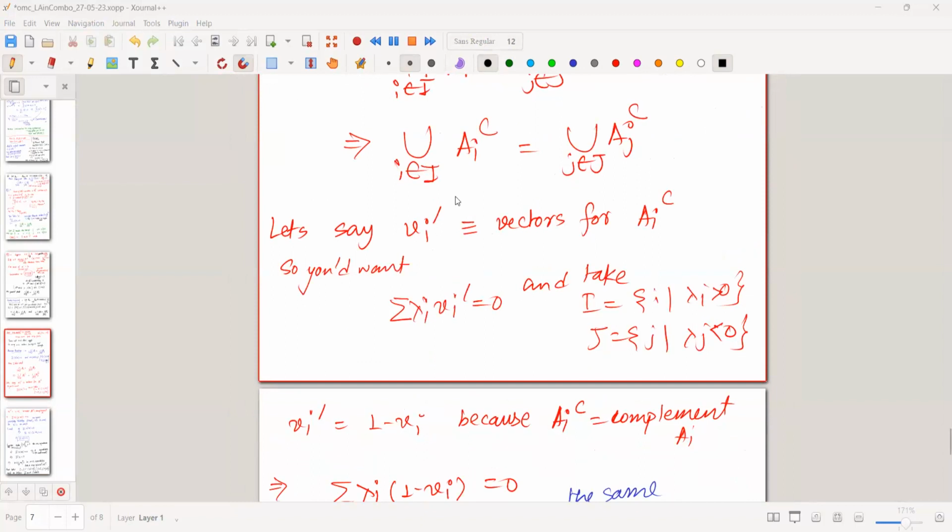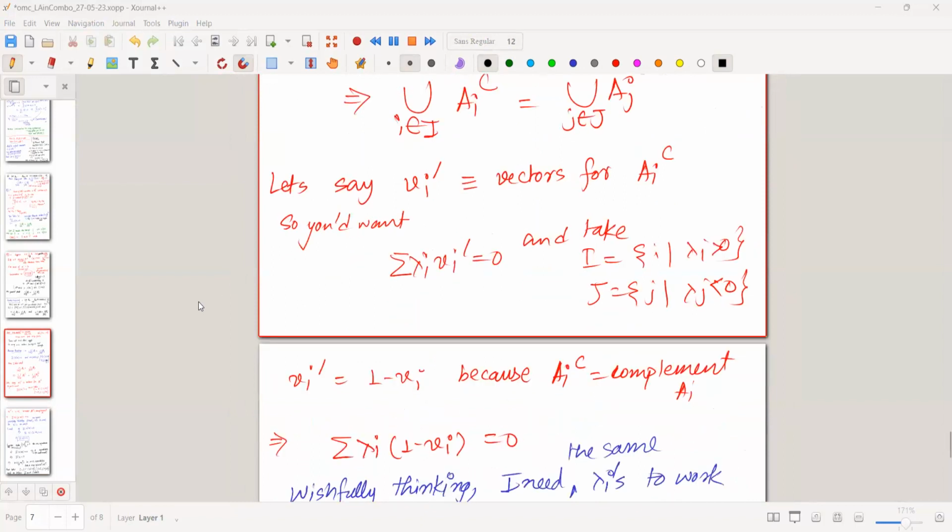Can you explain why n+1 doesn't work? Okay, I'll just do it. So first of all, you would want something like the sum of lambda i vi dash equals 0, right? And for the union of the complements for the I indexing subset to match the union for the j guys, you would need the same thing.